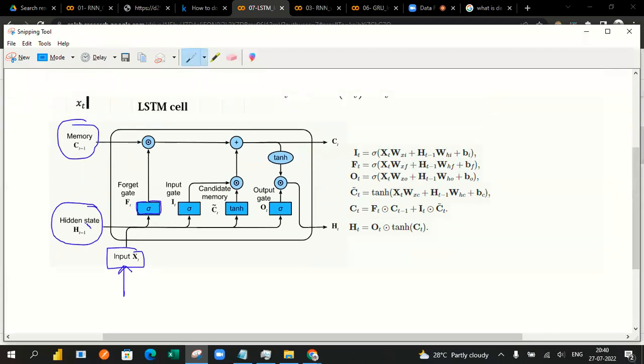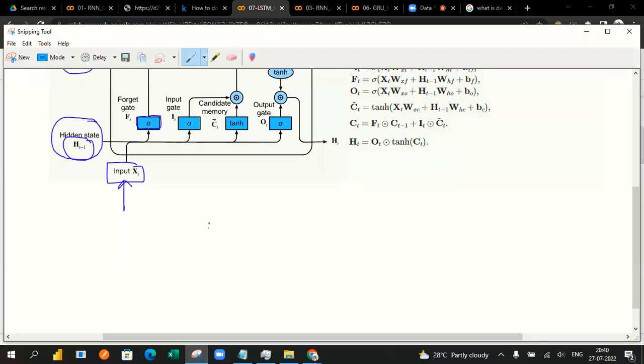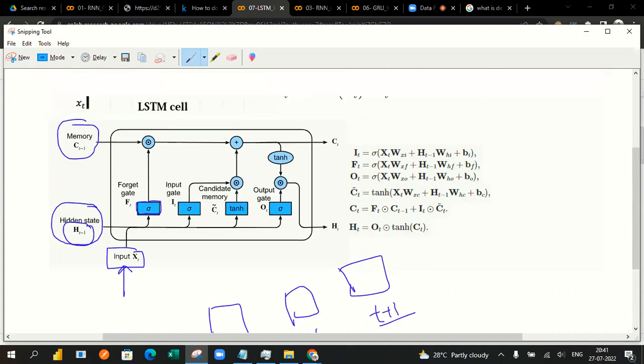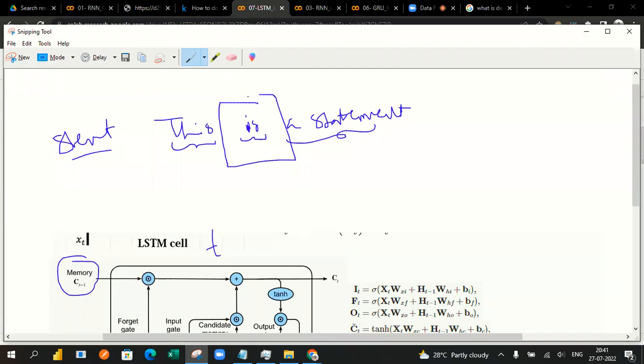You can see T minus one. If you have three different cells, you will quickly understand. I will call this the current cell, this the past, which I represent by T minus one, and for the future I will represent T plus one. In this current cell, whatever memory information you get from the previous cell or previous words, if this is the T cell, I get it as previous information to my current timestamp.